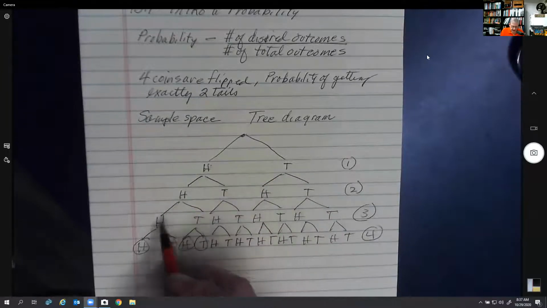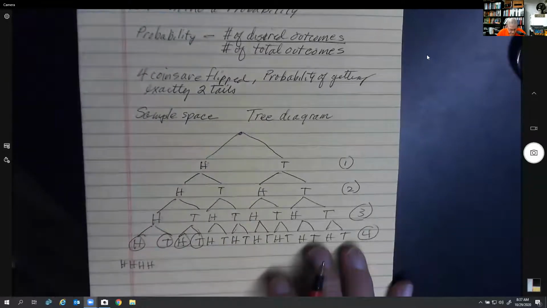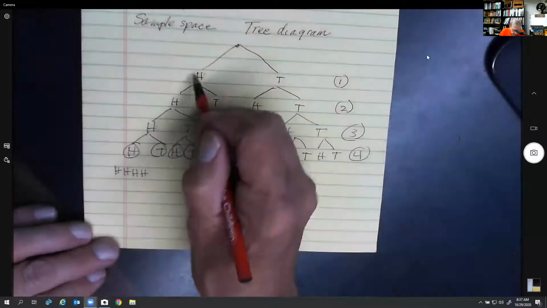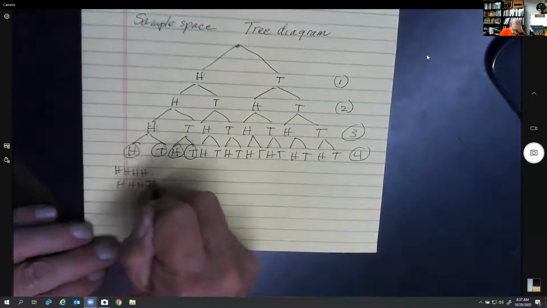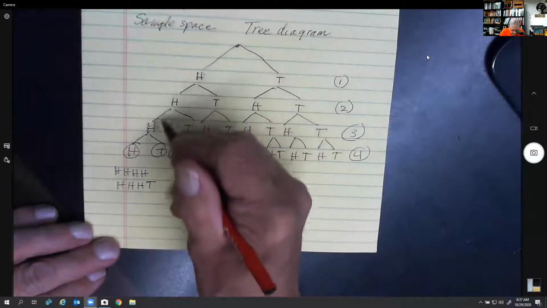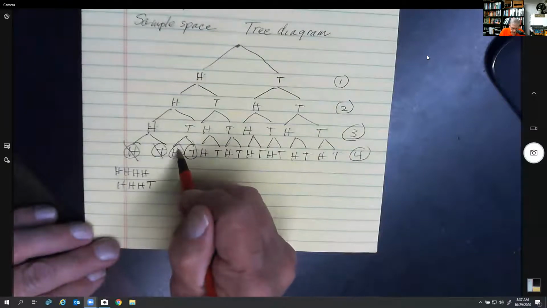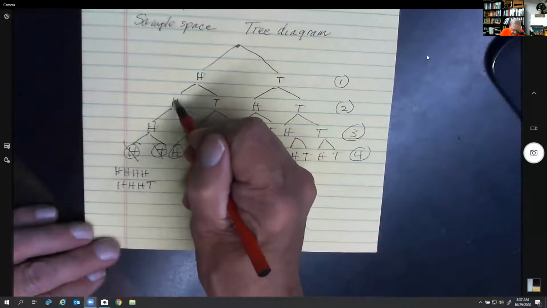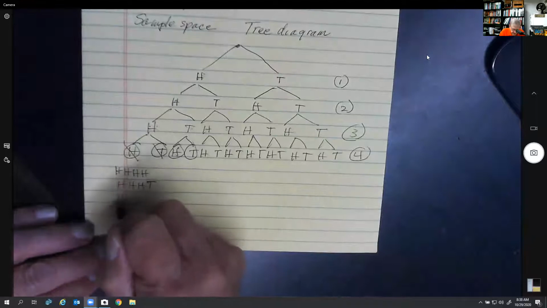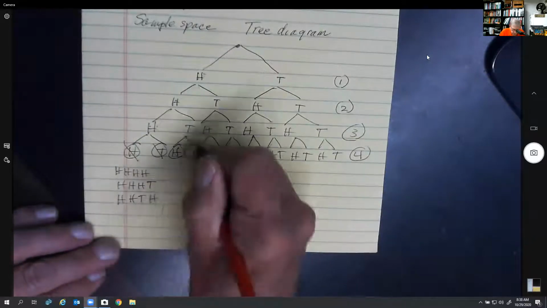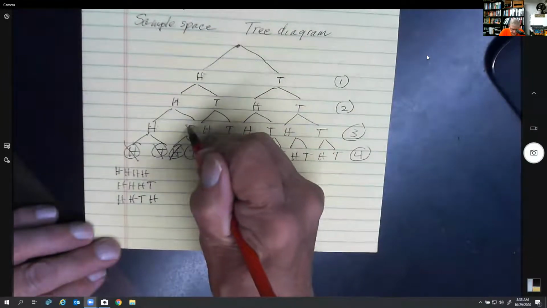We got a head, head, head, head. I'm going to write it down like this. Can you see that? Here I got a head, head, head, tail. I could put them underneath each other, but I know I'm going to run out of room. Now we're going to go to this one right here. I got a head, head, tail, head, and head, head, tail, tail.